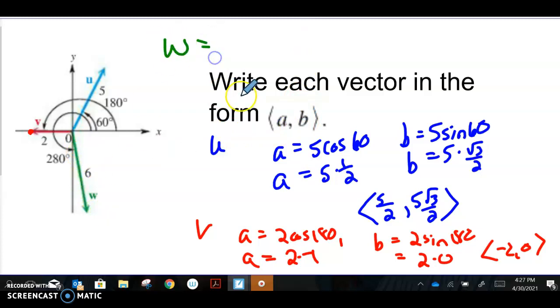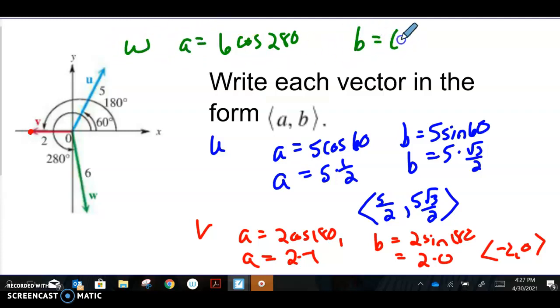W, let's see, that's 6, and they told me that the direction is 280 degrees. This is for the vector W. a is 6 cosine of 280, and b is 6 sine of 280.